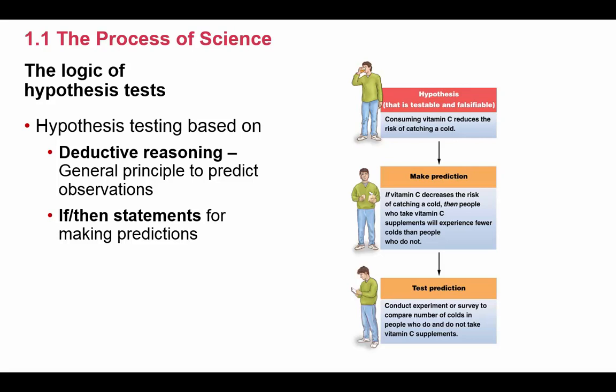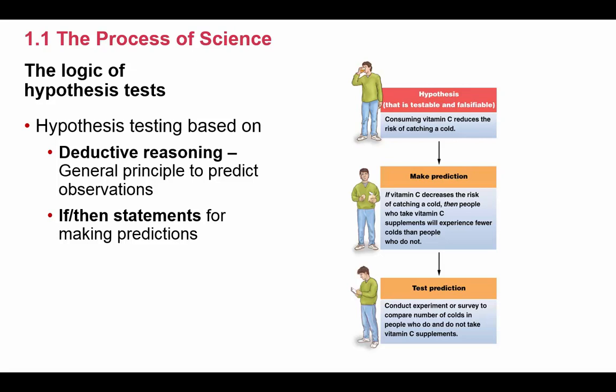If vitamin C decreases the risk of catching a cold, then people who take vitamin C supplements will experience fewer colds than people who do not. So now we can conduct an experiment to compare the number of colds in people who do and do not take vitamin C supplements. We have used deductive reasoning, not inductive reasoning.